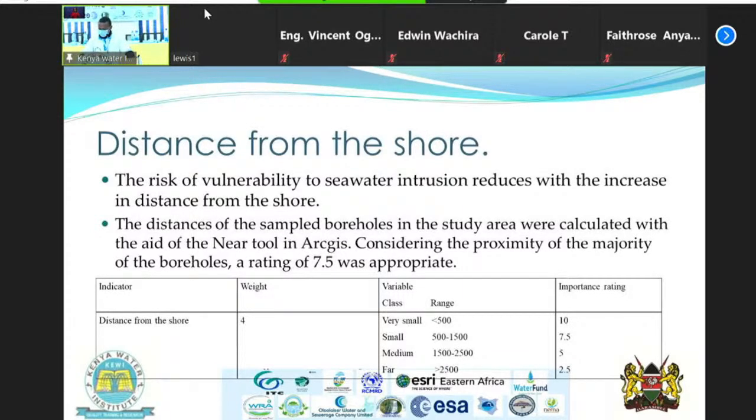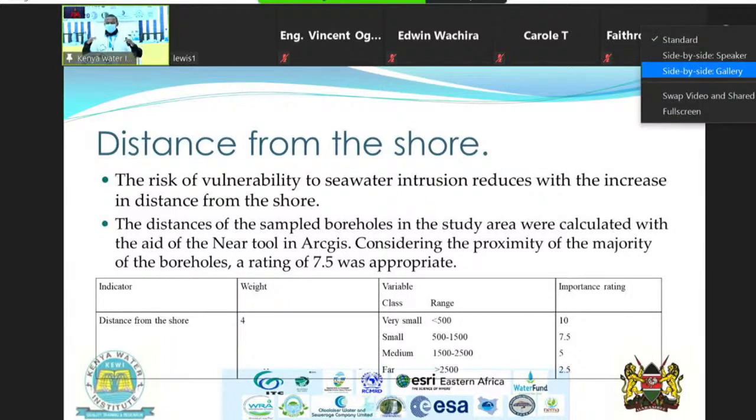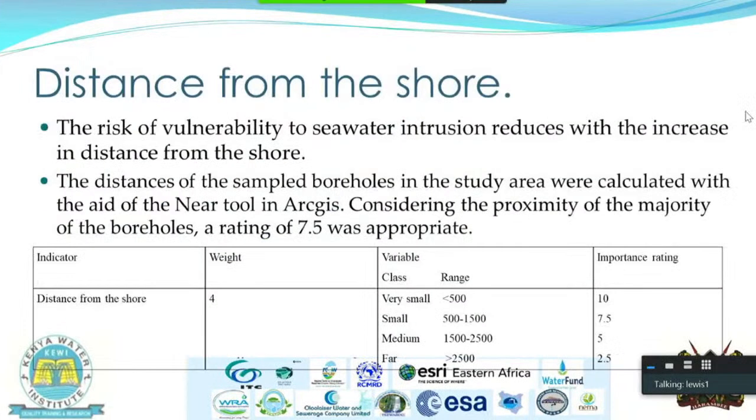Then the height of groundwater above the mean sea level. The column of groundwater above sea level in the region ranges from 3 meters to 40 meters. And this height is adequate to create a hydraulic balance between the ocean water and the water in the aquifer. Once the water in the aquifer drops, the balance is lost, and the ocean water seeps into the aquifer.